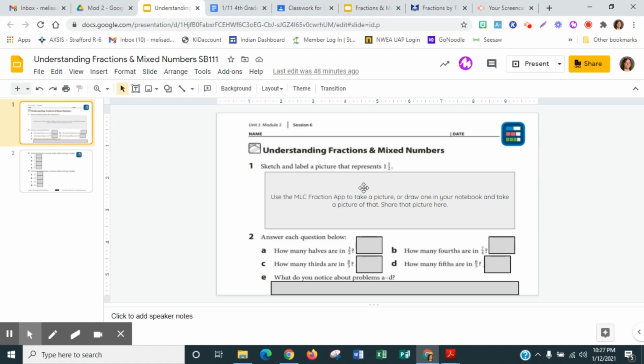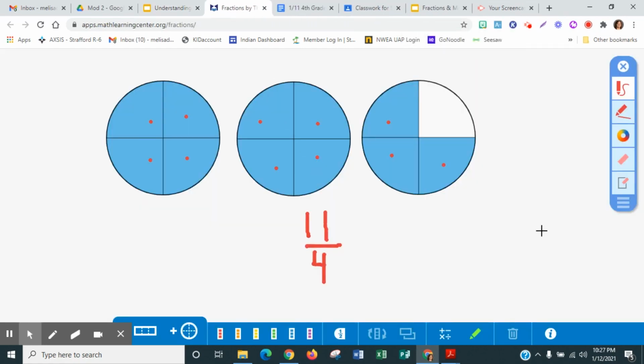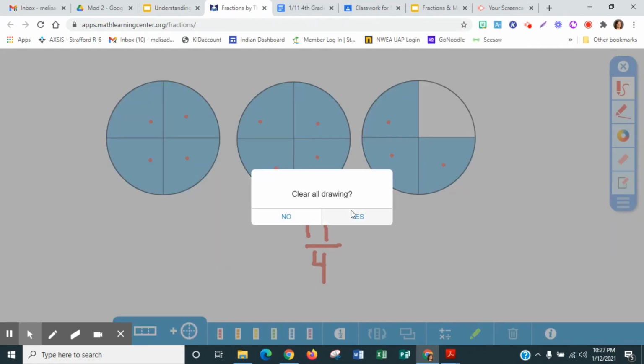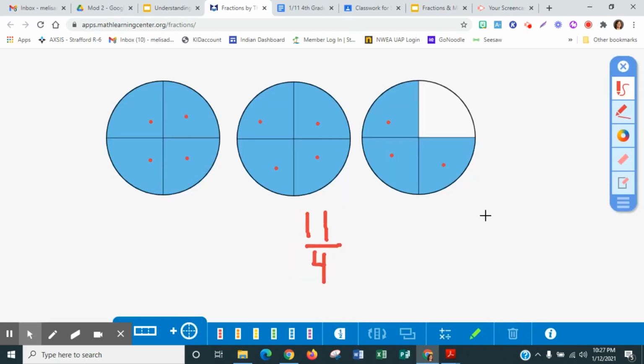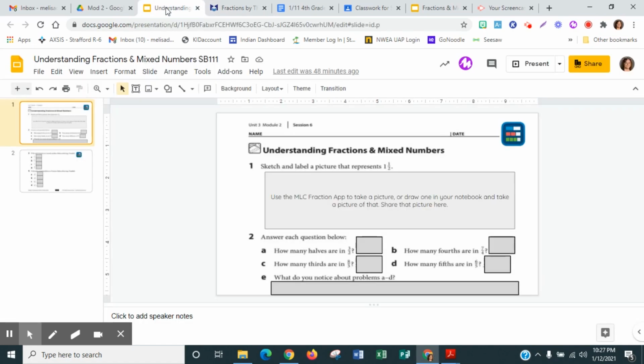You could also use the same fraction app. Bring that a little bit closer, and I'll show you. So actually, I could keep it like this. So remember that if you are going to share, if you're going from here, you would need to take a screenshot of it. And then upload that picture there.